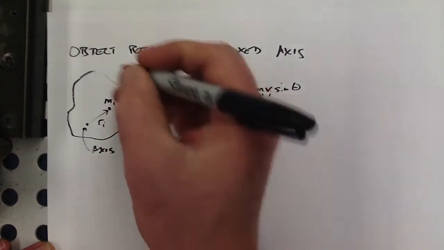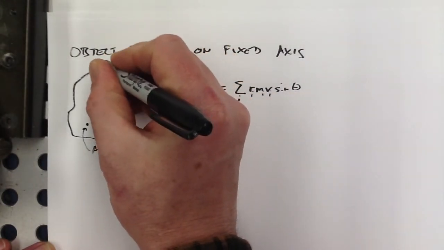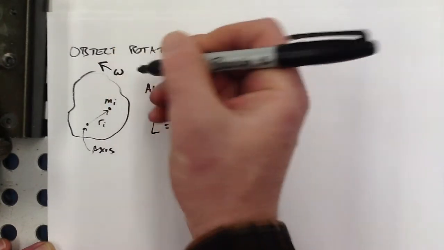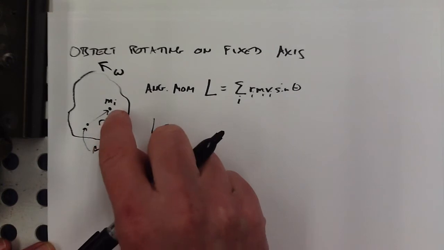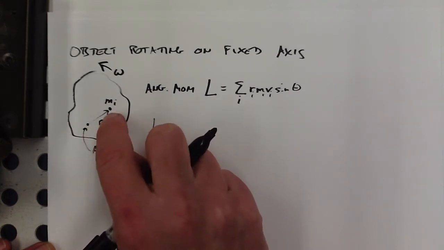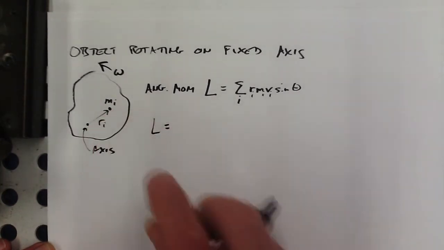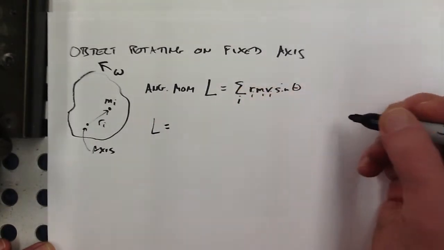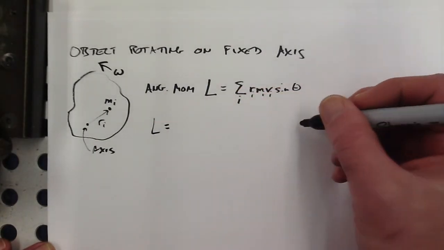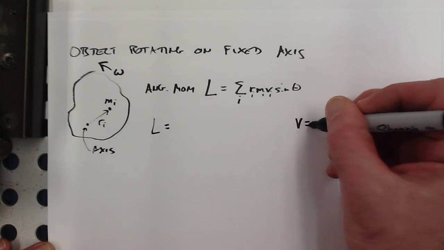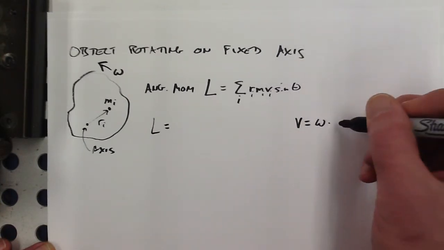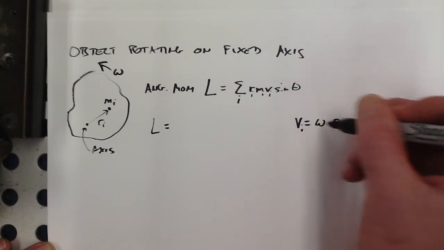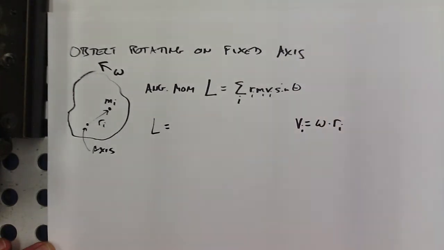If this thing is rotating with angular velocity omega, then the speed of this, v, is omega times r sub i, right?